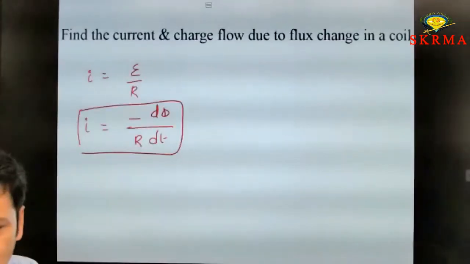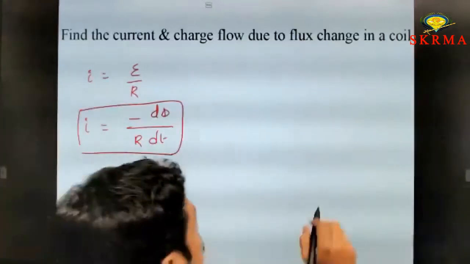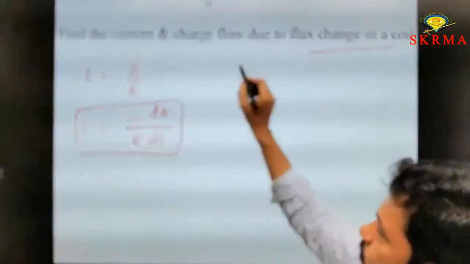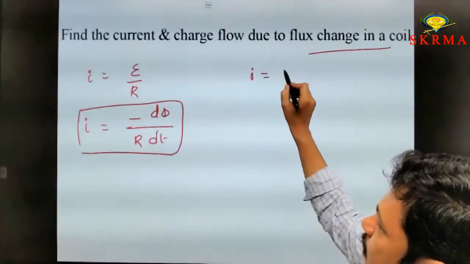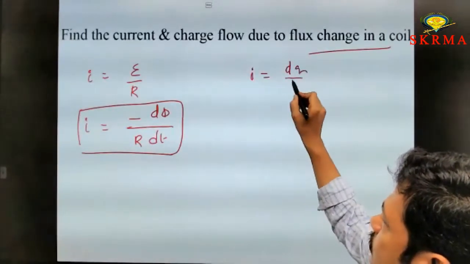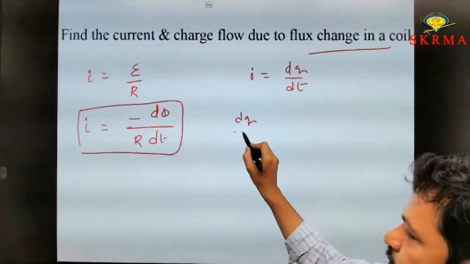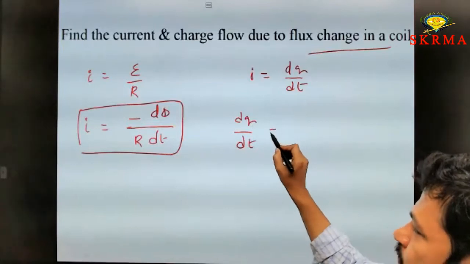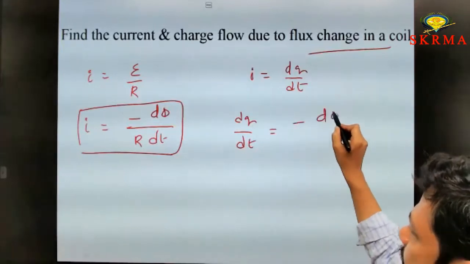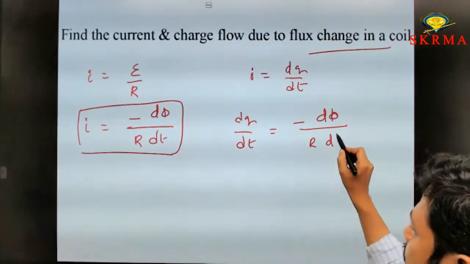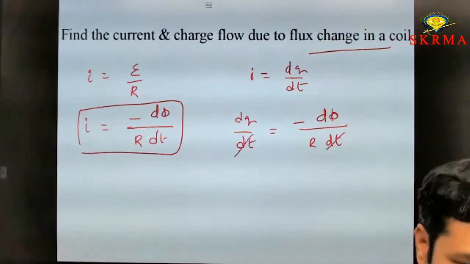If you want to calculate charge in the coil, you can write I is equal to dq by dt, the rate of change of charge. This way, you can write dq by dt instead of I, equal to minus d phi by R. We can cancel dt on both sides.